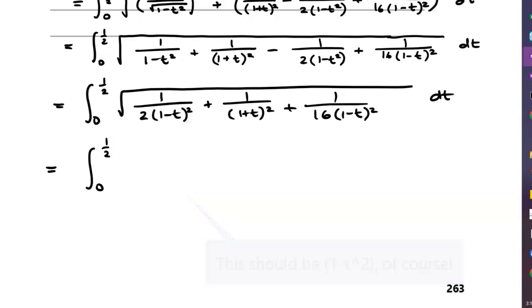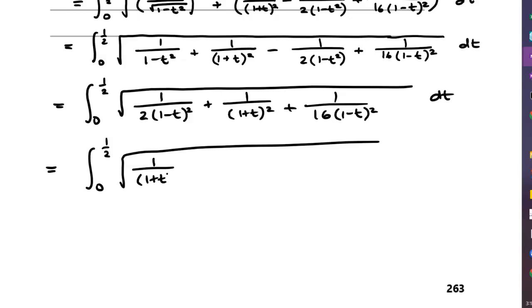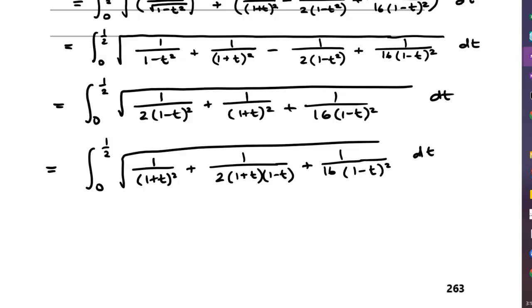And I notice if I have, again, square root, that 1 over 1 plus t squared, I could have really written that as everything squared here instead of that square at the bottom. Then I'm going to have plus 1 over 2, 1 plus t, 1 minus t, and then we'll have that 1 over 16, 1 minus t, all in brackets squared.